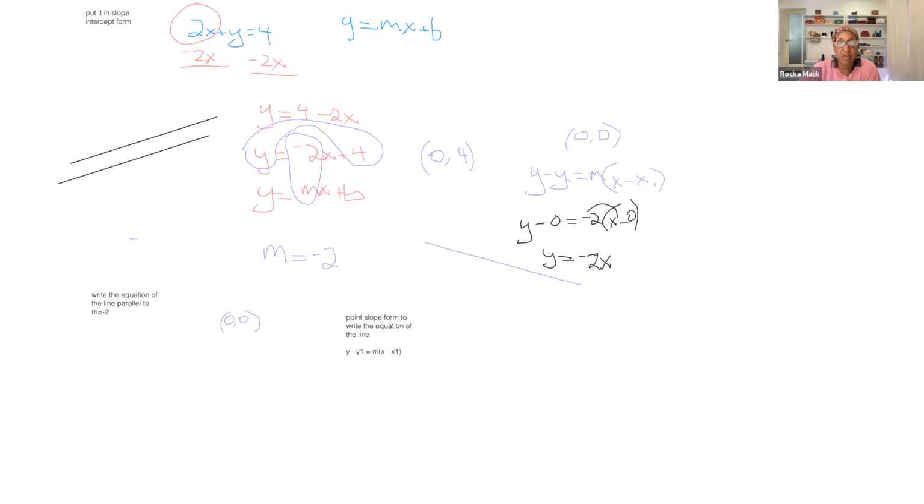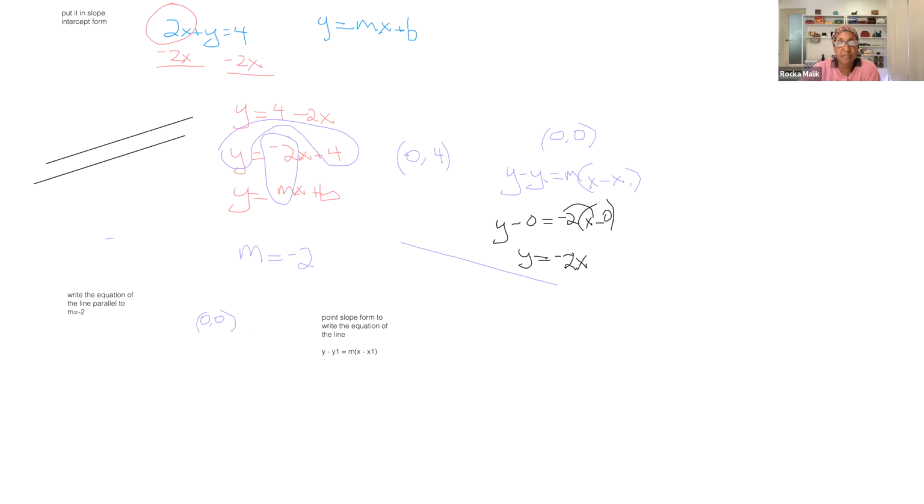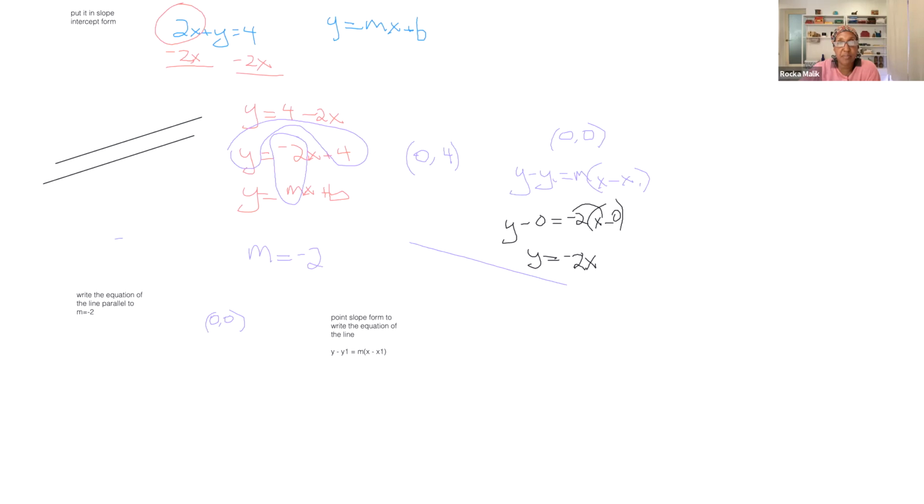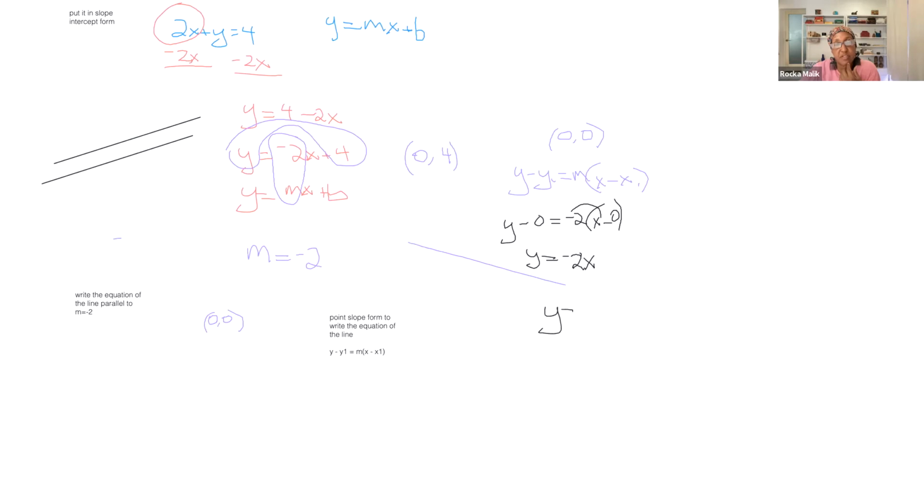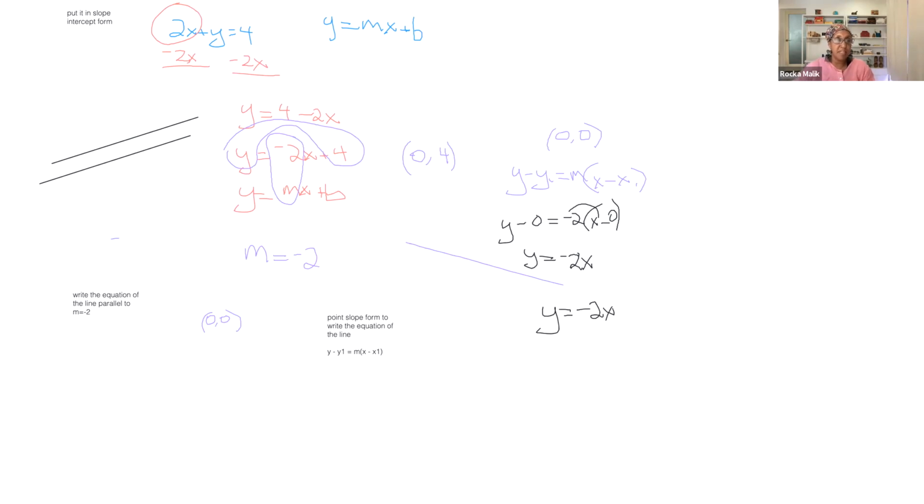It looks a little weird because I don't have a y-intercept in this equation. Or I do have a y-intercept, but it's 0. So y equals -2x is the equation.